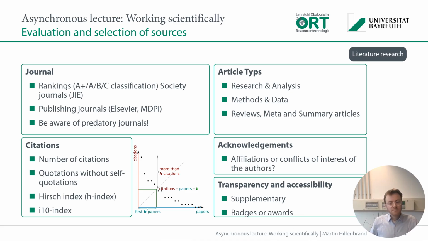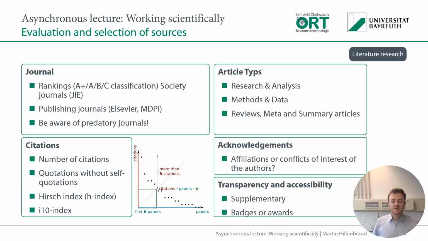But you have to keep in mind that the number of citations is one part, but the number of citations without self-citations is also important, because some researchers publish and then reference themselves all the time, and that way it's a little bit diluted. There's also the Hirsch index, the H index, which describes the number of citations, the impact of a researcher.